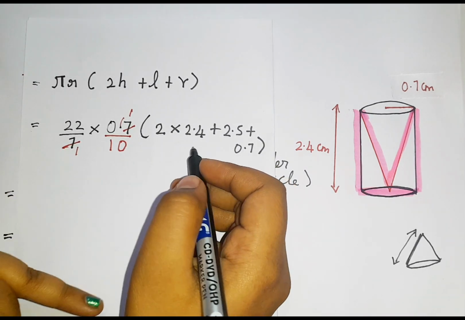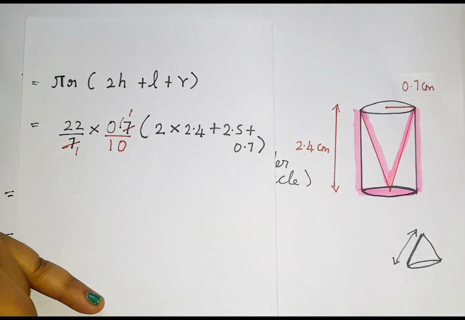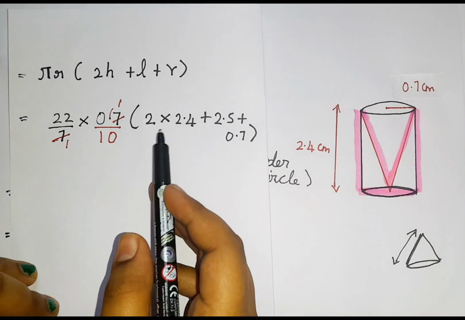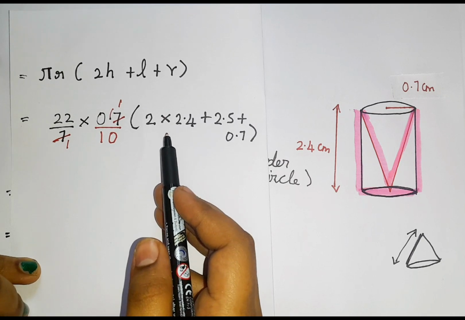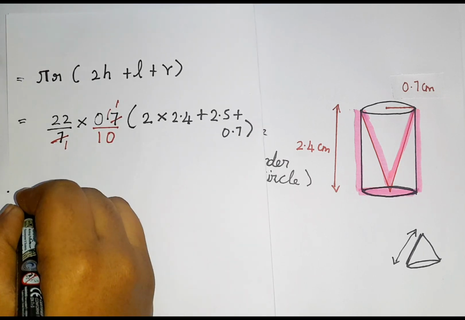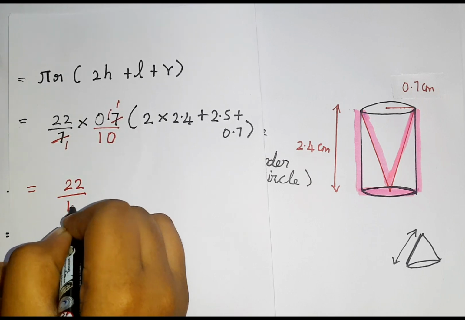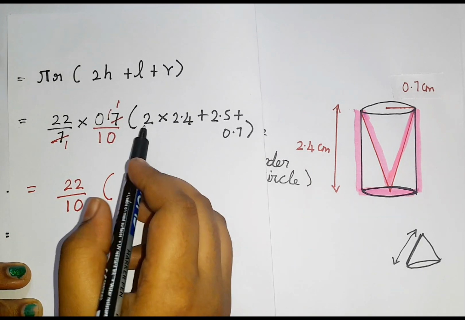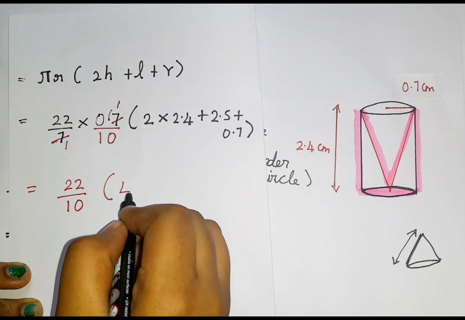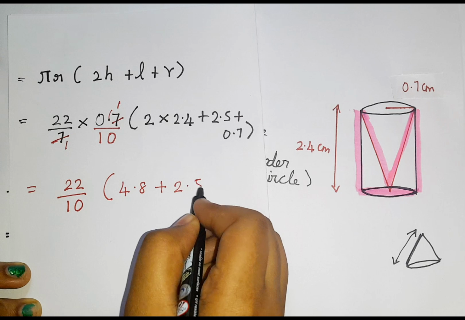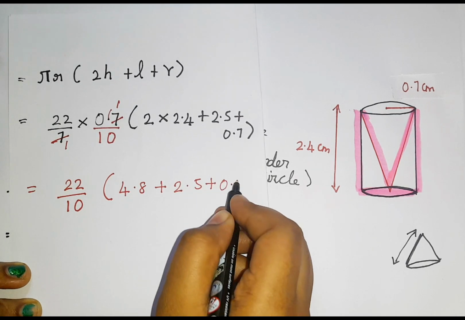First of all, what is 2.4 into 2? 2.4 into 2 is 4.8. Now let us write 22/10 as it is, and then here 2 into 2.4 is 4.8 plus 2.5 plus 0.7.